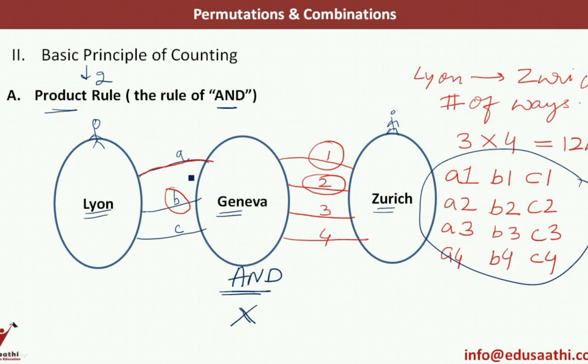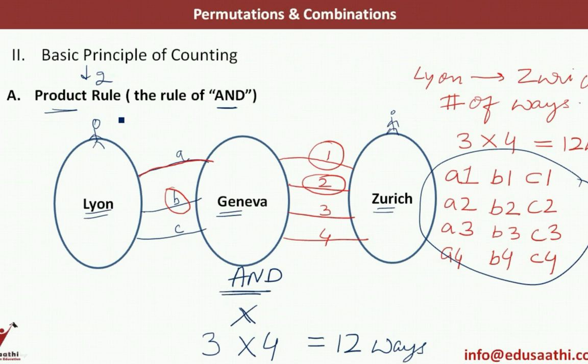So here I want to go from Lyon to Geneva and from Geneva to Zurich. So I will multiply the number of ways from Lyon to Geneva, which are 3, and the number of ways from Geneva to Zurich, which are 4. So the total number of ways I have here is 12 ways. Okay, so this is the first basic principle of counting, which is the product rule.